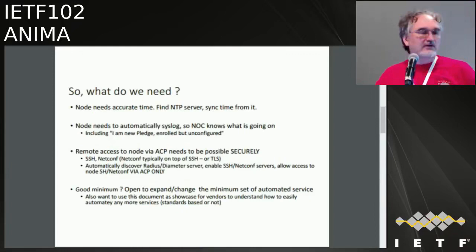There are really, I think, very few services that you need to auto-configure initially. Obviously, that list is perfectly open for discussion when we adopt this in the working group.